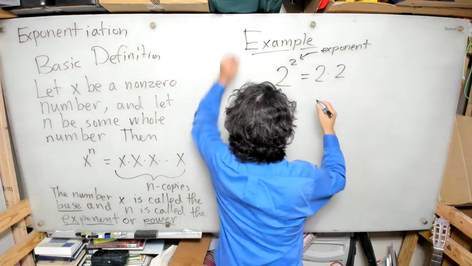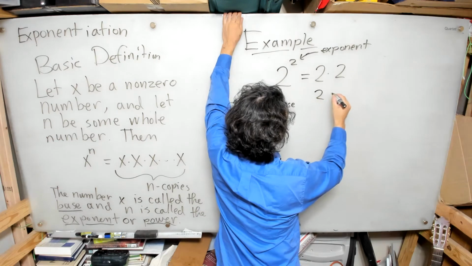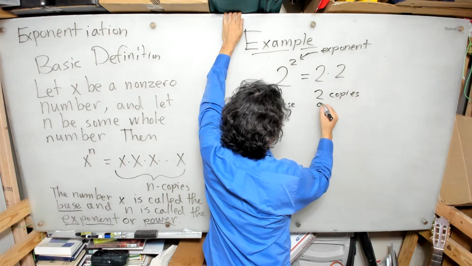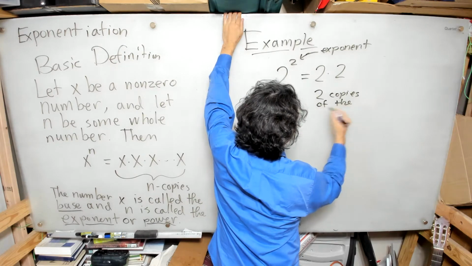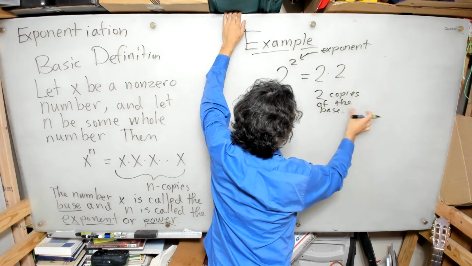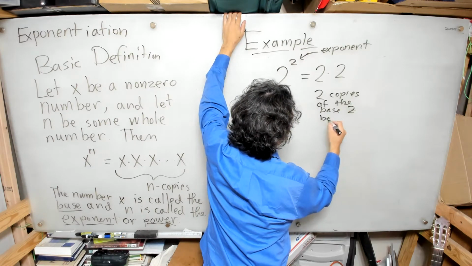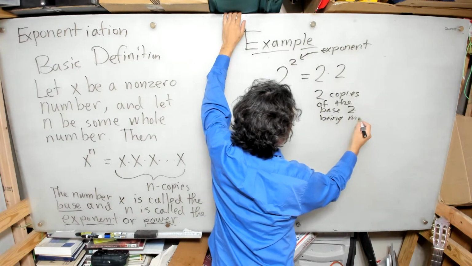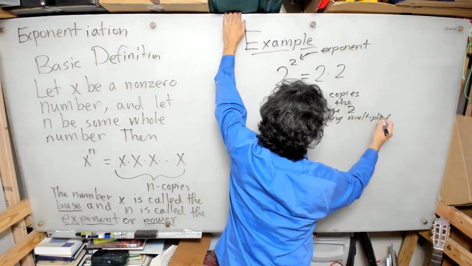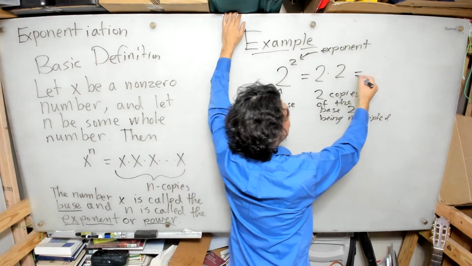So in other words, there are 2 copies of the base 2 being multiplied, okay? And of course 2 times 2 is 4.